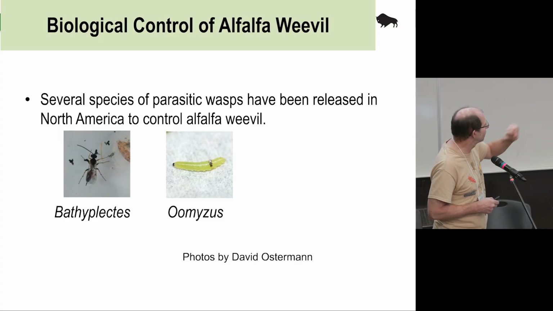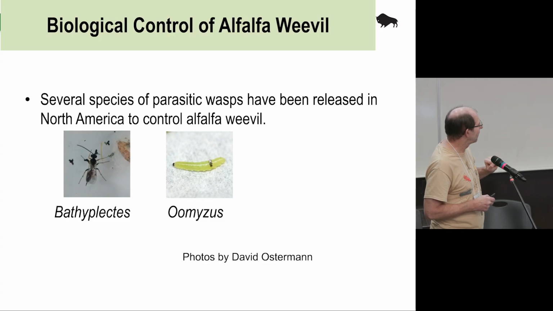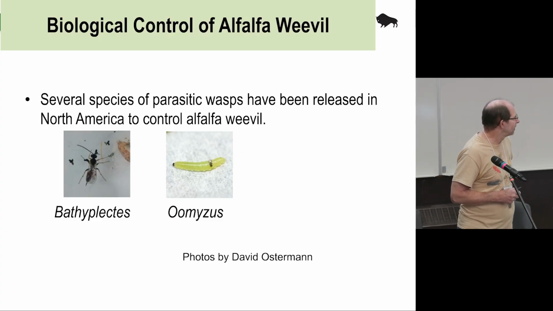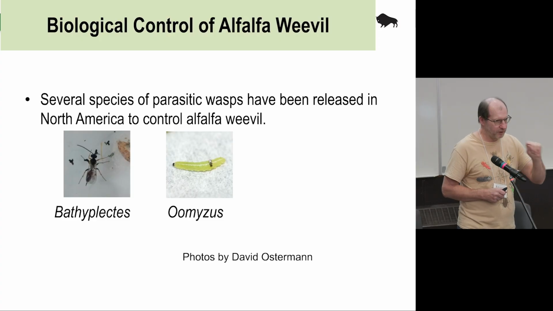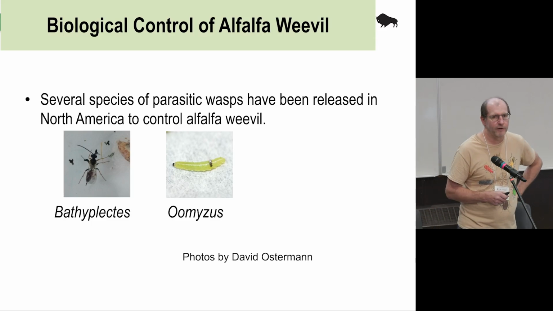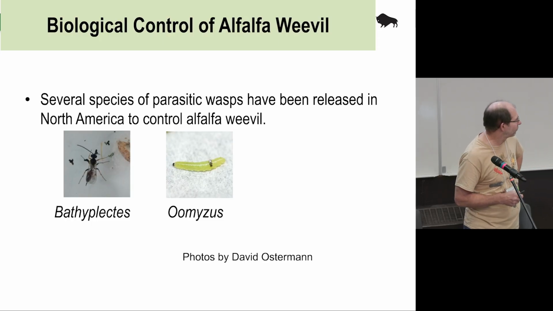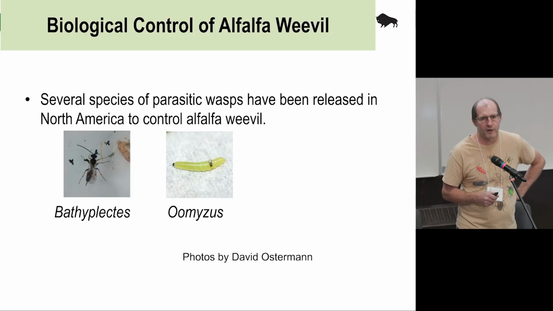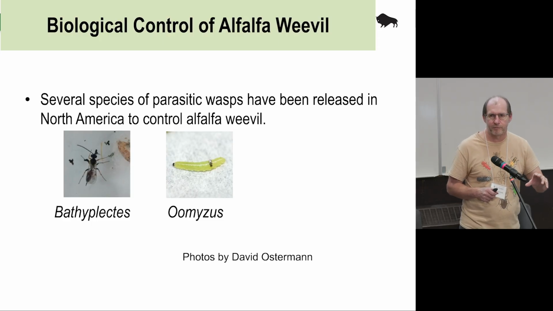And another one, Oomyzus, is helpful. David Osterman did some collecting a few years back, and we were putting them in little trays and rearing parasitoids out of them. And the Bathyplectes at times was hitting the 30% range or higher. So they can be quite abundant at times. Oomyzus wasn't quite as prevalent, but they're there as well. So this complex of parasitoids can help drive the cycles.